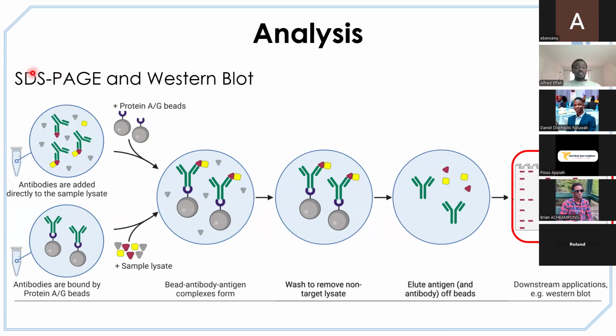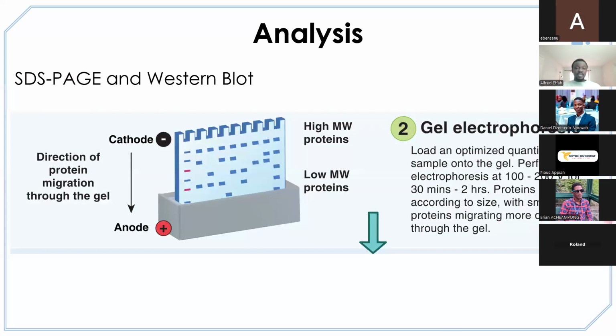So we usually do SDS-PAGE first. Then we transfer the proteins onto a membrane in the Western blot, then we stain for protein X. I'm going to talk about this portion in a bit. So here, this is our SDS-PAGE. In SDS-PAGE, mostly we use sodium dodecyl sulfate to denature all our proteins.